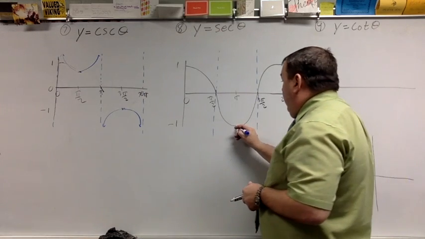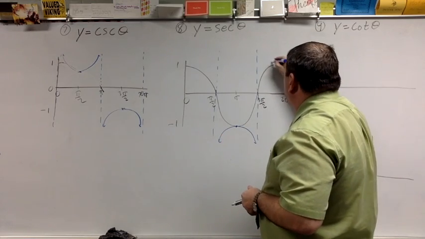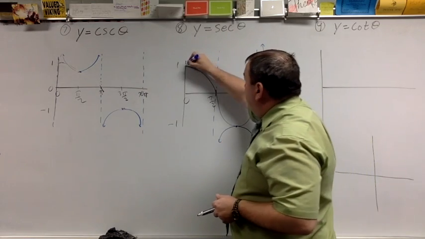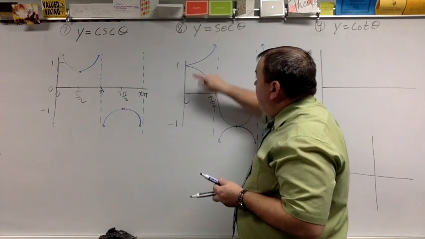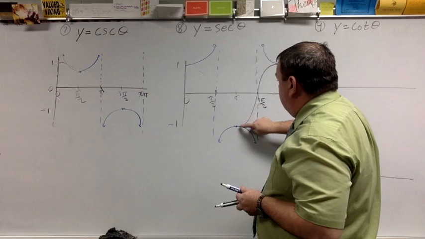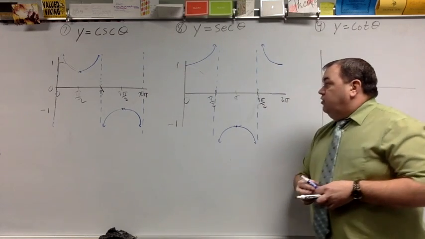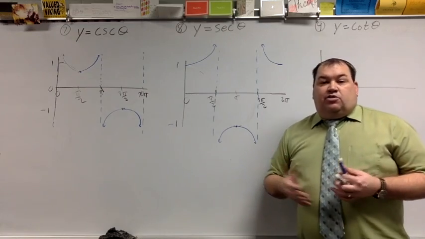Every peak and valley that I see, I'm going to put in a parabola. So I have half a parabola here, half a parabola here, and if I take out the cosine, I'm now looking at a secant graph.